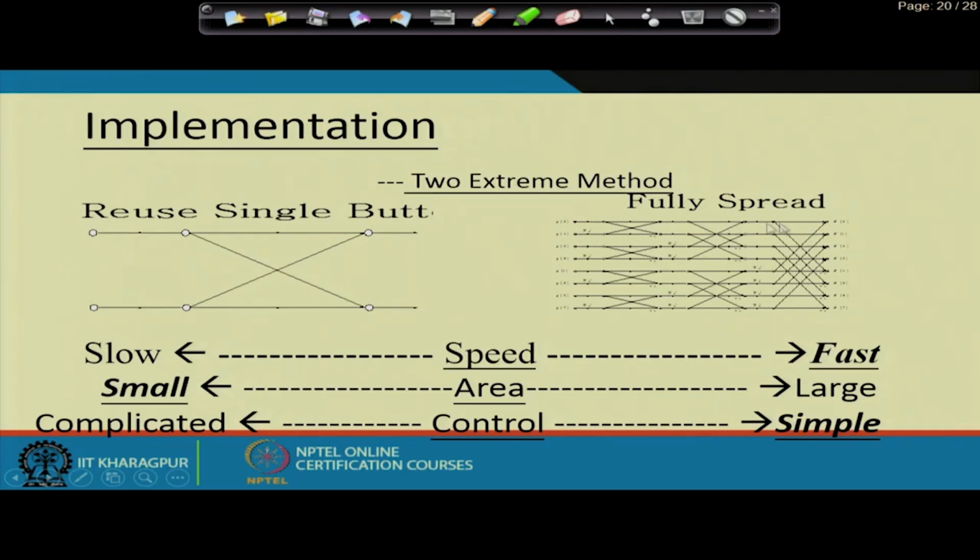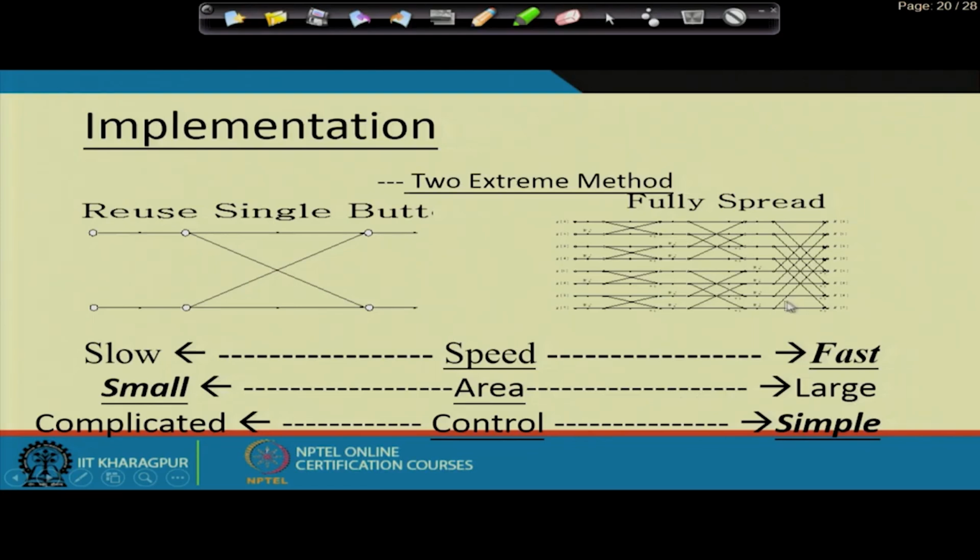It depends on one particular path: how many multiplications and additions we do in it. That will be the critical path for this system. I do not have to wait for as many clock cycles as in the case of serial implementation.